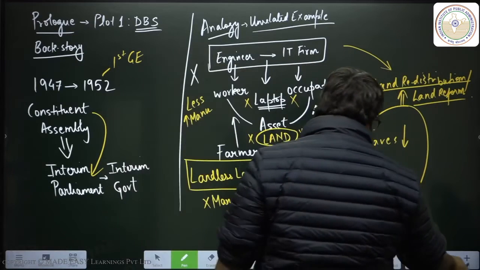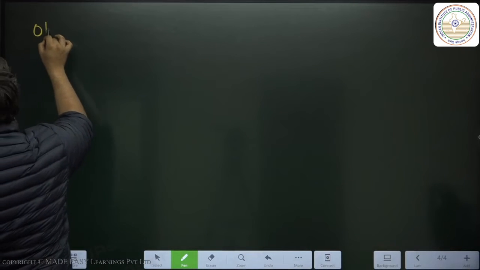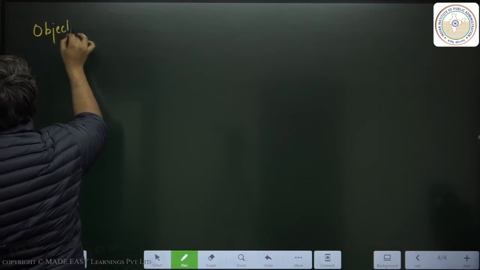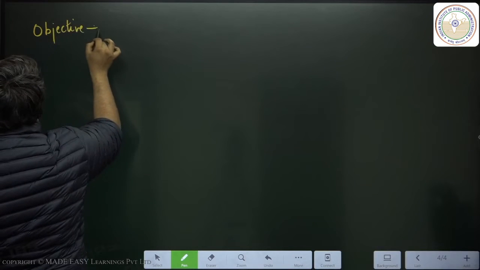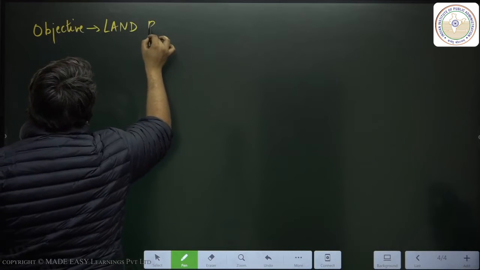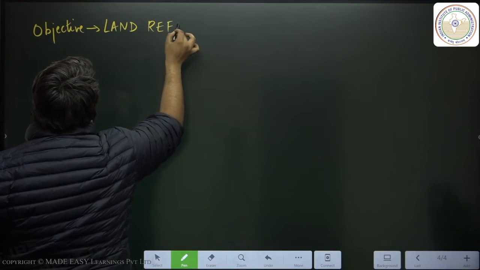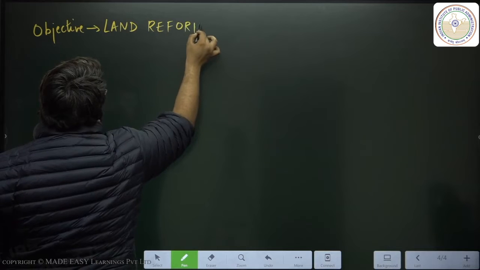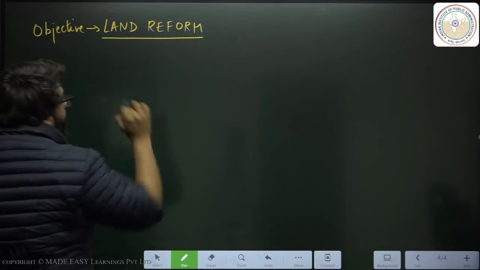So now we understand that the government's objective therefore becomes land reform. But the objective isn't as simple as it seems. It isn't at the stroke of a pen.